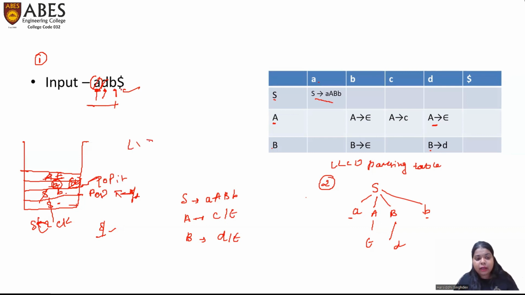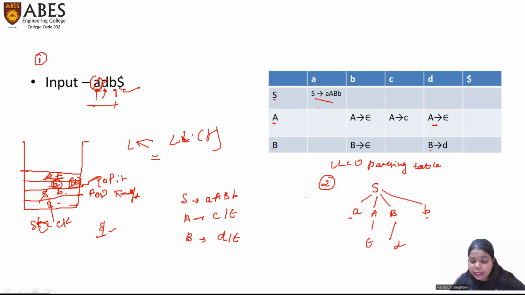So we can say that the LL1 parser is going to accept this particular grammar. Those grammars which are accepted by the LL1 parsing table are also LL1 grammars. How do we find whether a particular grammar is LL1 or not? This is our LL1 parsing table.